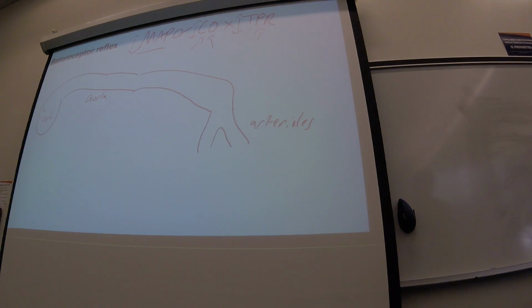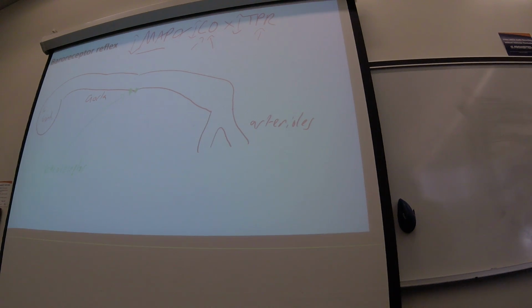Heart pumps into the aorta, which points into arteries, which will branch out into arterioles. That's nothing new. But the new thing is we are adding these guys to the aorta, and these guys are called baroreceptors. Baroreceptors basically are in charge of detecting pressure. And so in this slide we'll show you how they do that.